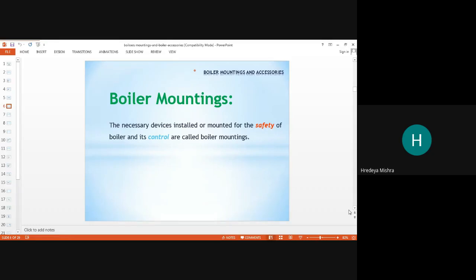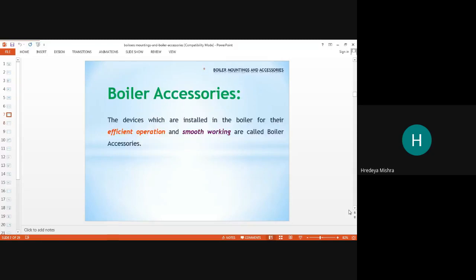The next thing, what are boiler accessories? The devices which are installed in the boiler for their efficient operation and smooth working are called boiler accessories, or we can say the equipment installed in the boiler for increasing its efficiency is called boiler accessories.